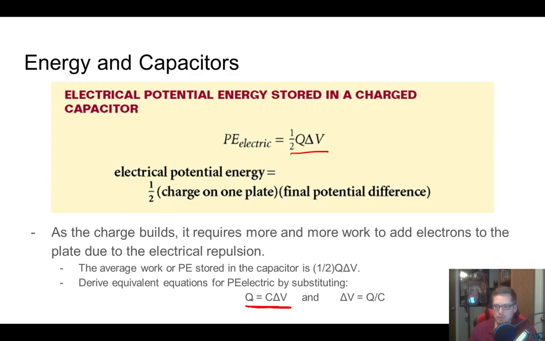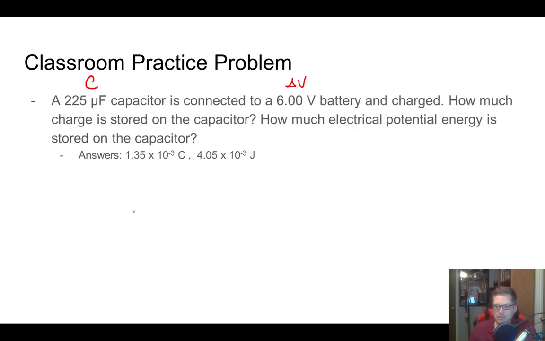To find the charge, we can use the formula Q equals C delta V. Our C value is 225 microfarads, so that's 225 times 10 to the minus 6 farads, times our delta V, which is 6.00 volts.